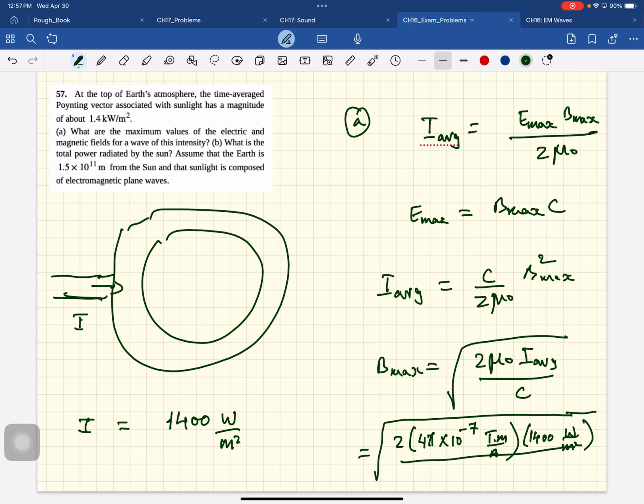And C is 3 times 10 to the 8 meters per second. All right, let's do the powers of 10 first. That's 3, so that makes it 10 to the 5. That makes it 10 to the minus 12, square root 10 to the minus 6.